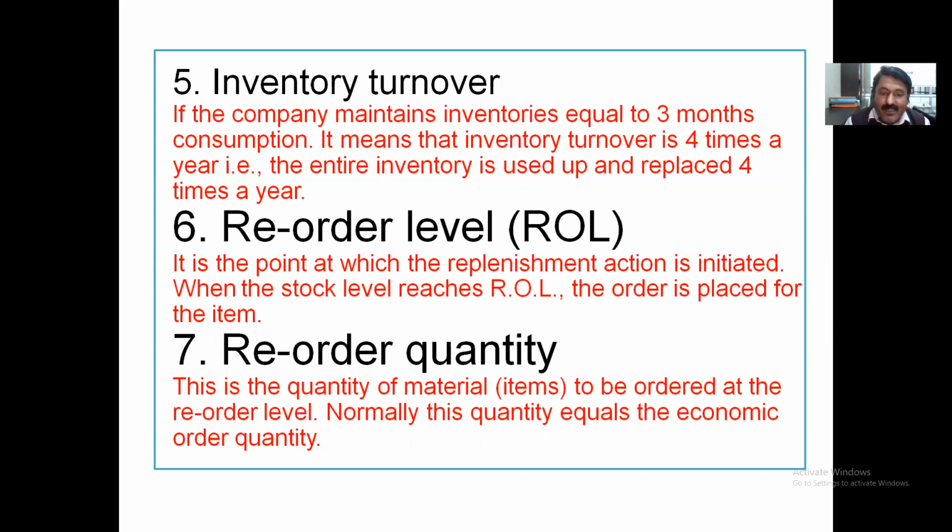So let us take another example. Tipped carbide tip tools are there, and for the carbide tip tools, the reorder level is 100. In that complete shop, approximately 10 tools are utilized per day on different machines. So if stock comes down to 100, it means a 10-day stock is there, action is initiated immediately, and within the next 8 days it will be made available.